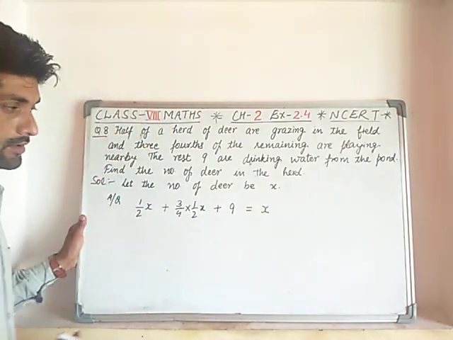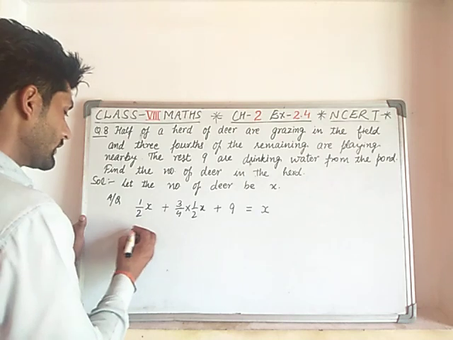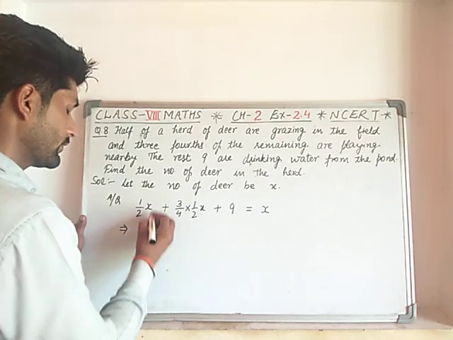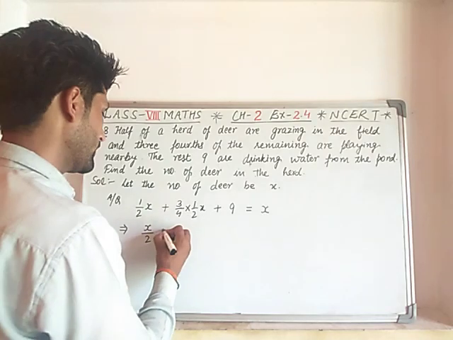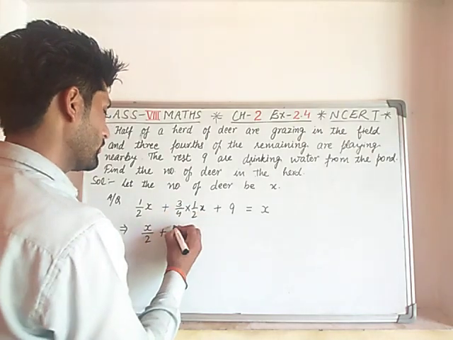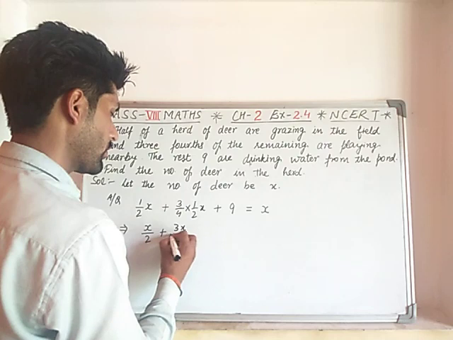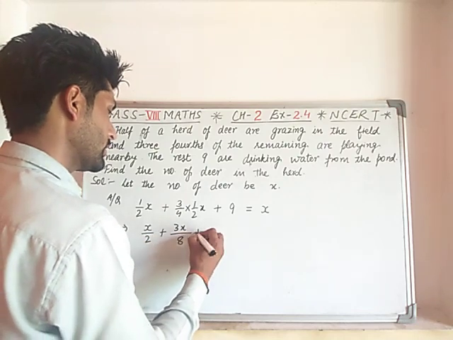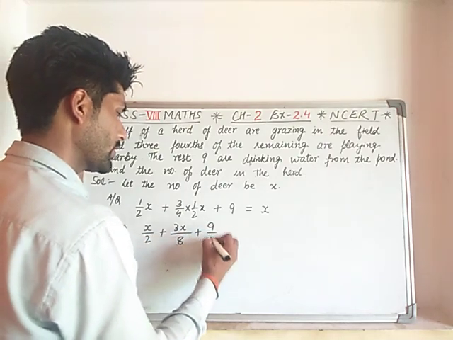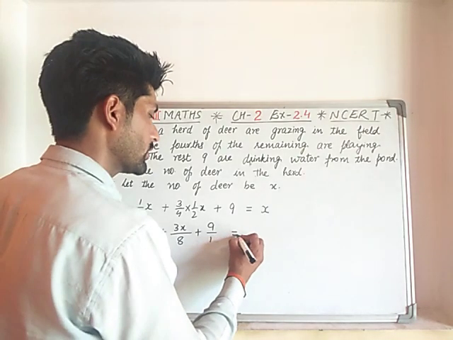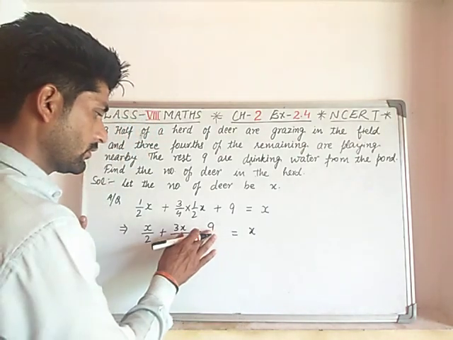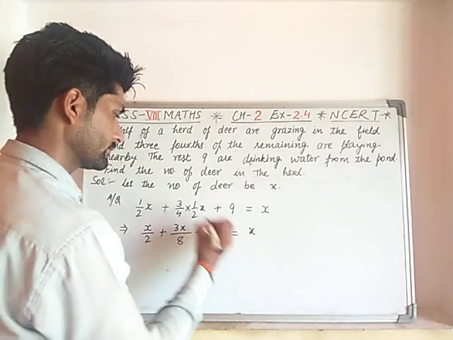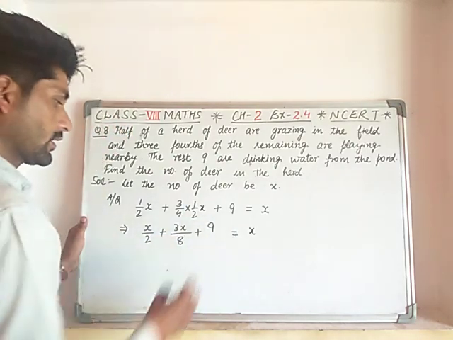So here it implies that x/2 plus 3x/8 plus 9 is equal to x.